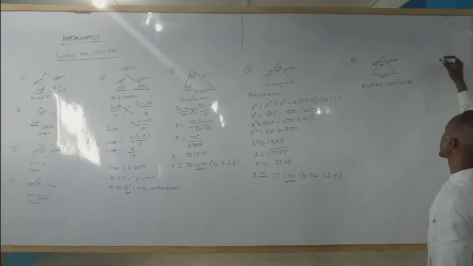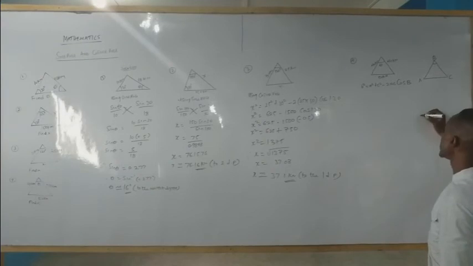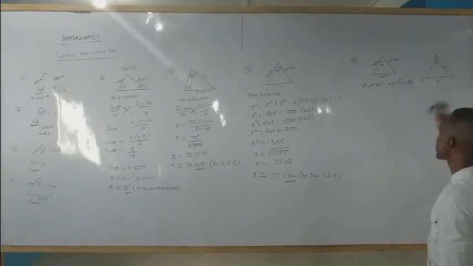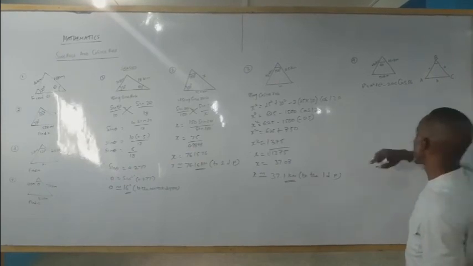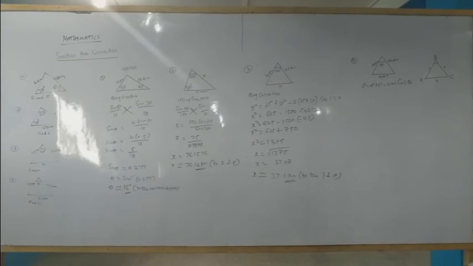So this is from this triangle here, A, B, and C. We want to determine the value of B. This is small a, small c and small b. To determine the angle B, make B the subject of the equation.